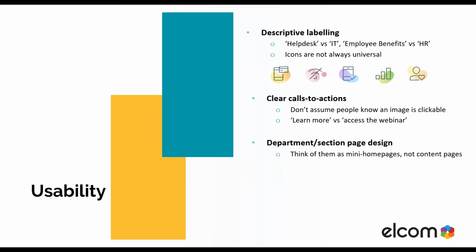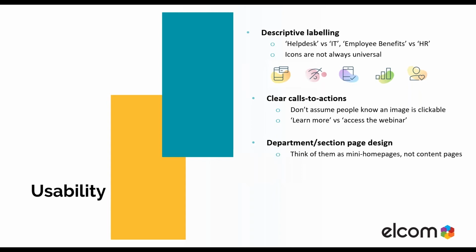especially if you can only include a headline or short sentence. What I see a lot is organizations putting all this effort into the homepage, and when you explore further beyond the homepage, it's very text heavy and monotonous. Department and section pages really should be treated as mini homepages because they're just gateways to really important content.